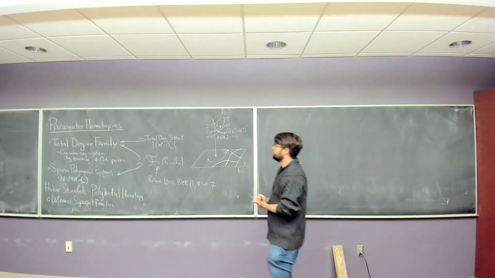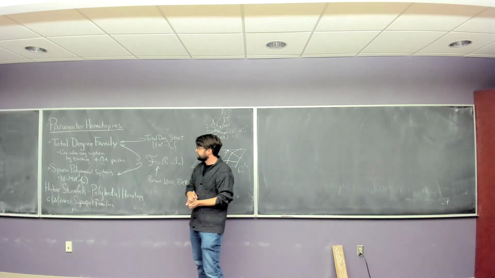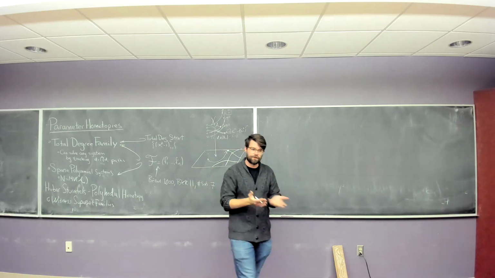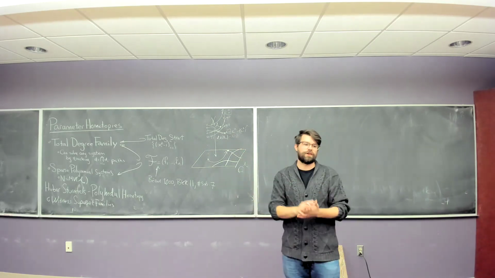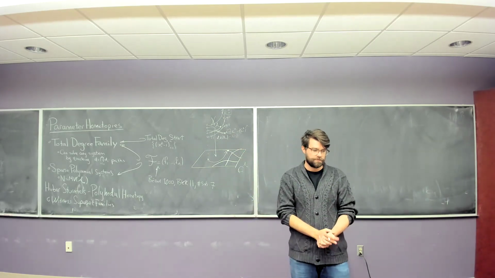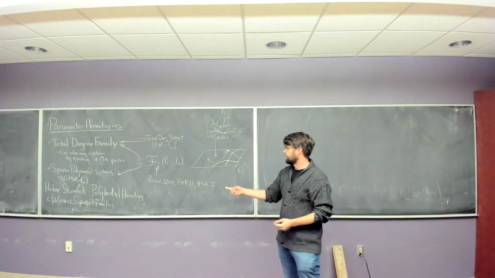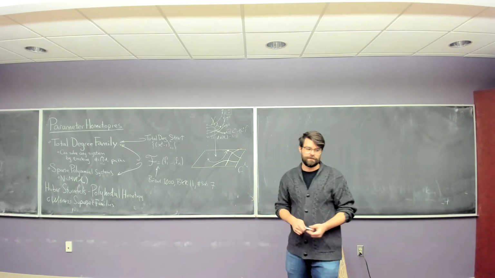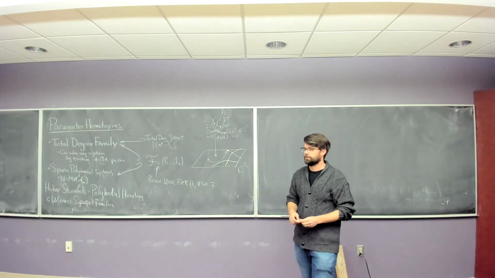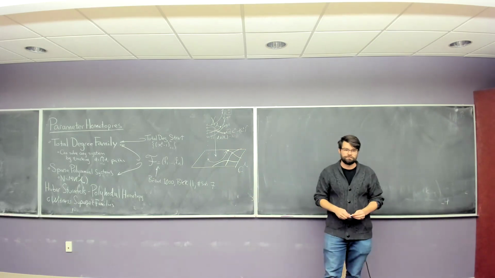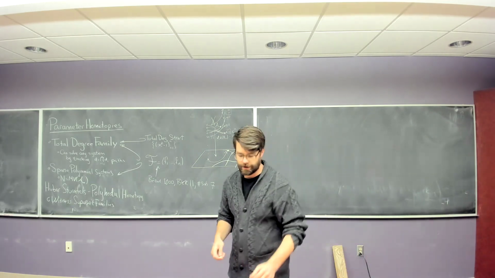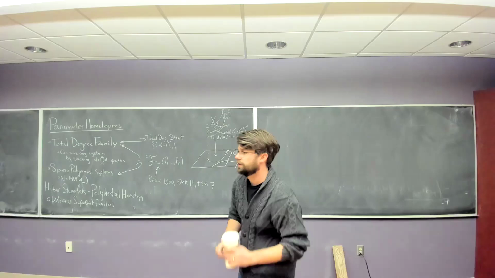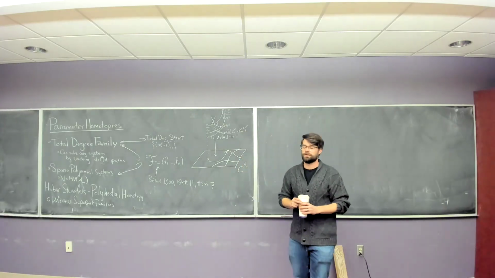And the way you cook up a parameter homotopy out of that is you parameterize all appropriate dimensional linear spaces to slice your variety so that you get finitely many points. And I'm not going to talk more about that because those will make an enormous appearance in a couple of weeks as our penultimate section in the course, and really where a lot of the meat of numerical algebraic geometry is.